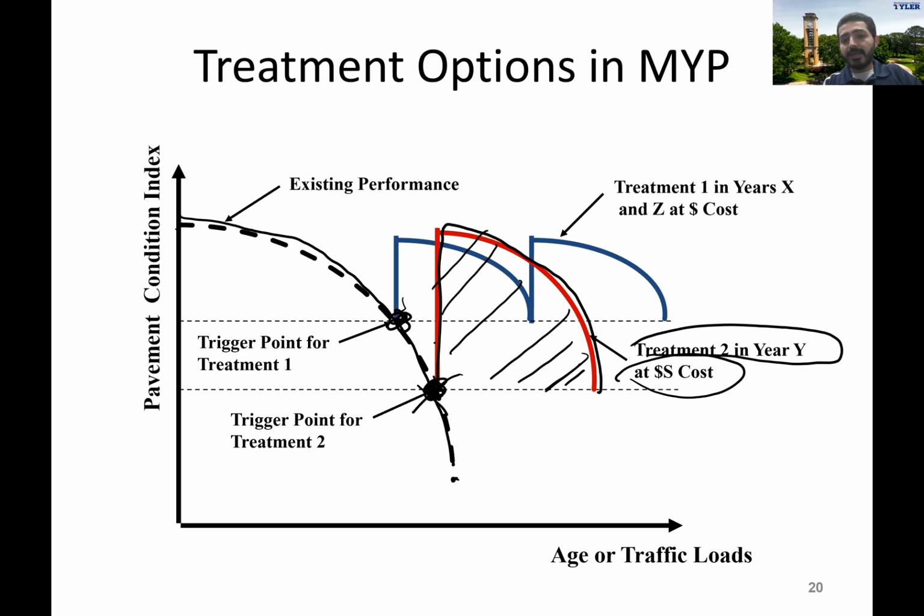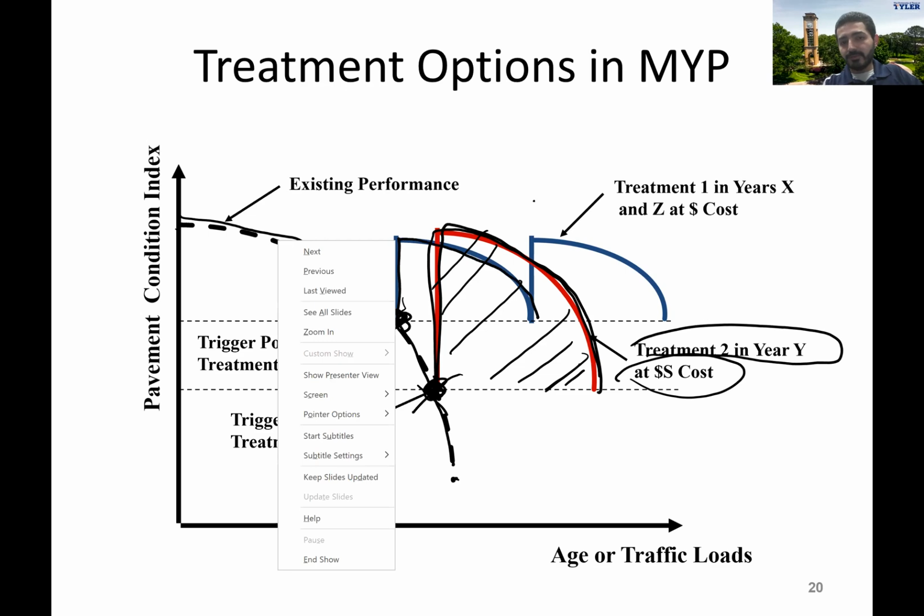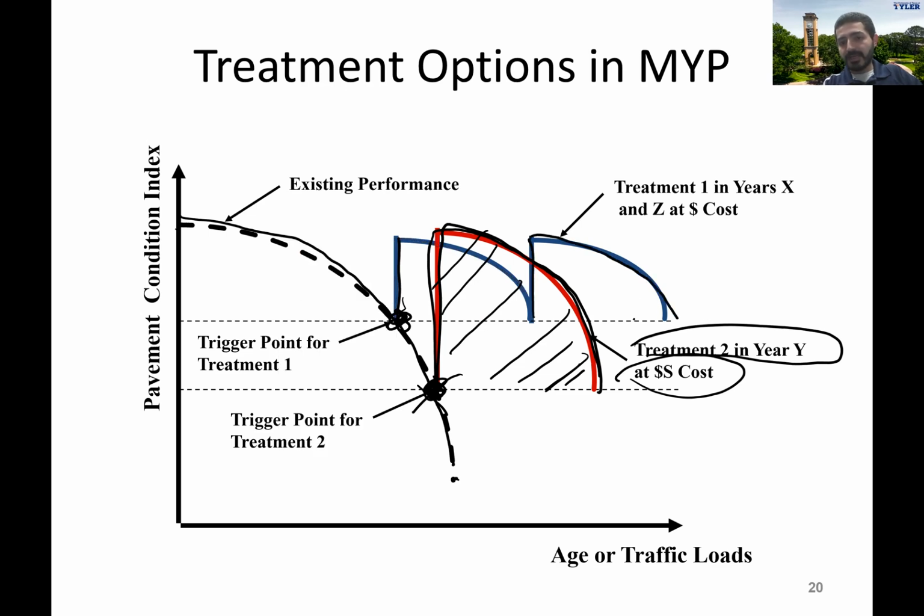But instead of applying maybe a thick overlay, which refers to the red line, I'm going to apply a seal coat for two consecutive times. And now I need to measure what's the benefit here, but the failure is now going to be considered at this point because the pavement is going to fail at a certain point.